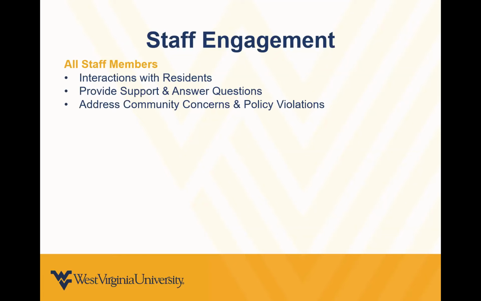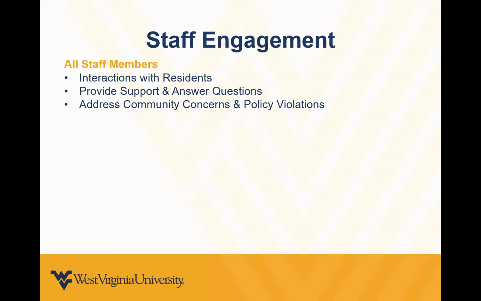Interactions with residents. This covers a variety of areas, from casually talking to a student in a hallway or striking up a conversation in an elevator. If you happen upon a situation where a student is on the verge of or planning to violate a policy, you should kindly remind them of the policy and give advice on how to avoid potential violations.